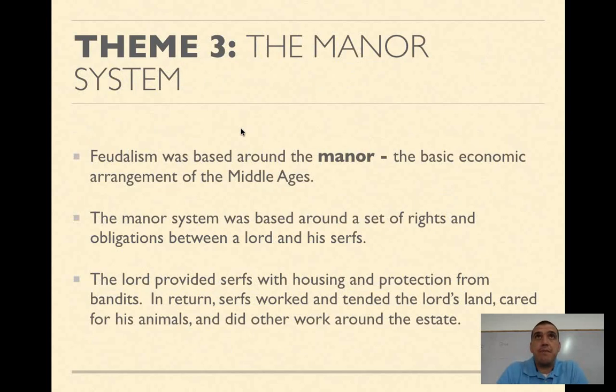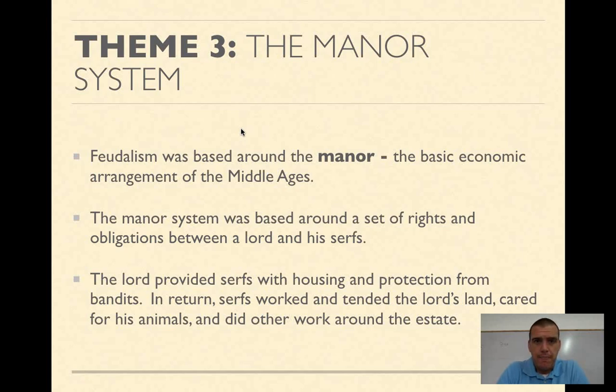So that was just a brief overview of why we see feudalism emerge, and I hope it made sense. So we can move on to theme 3, and this is more the economic side of it. During feudal Europe, something called the manor system developed.